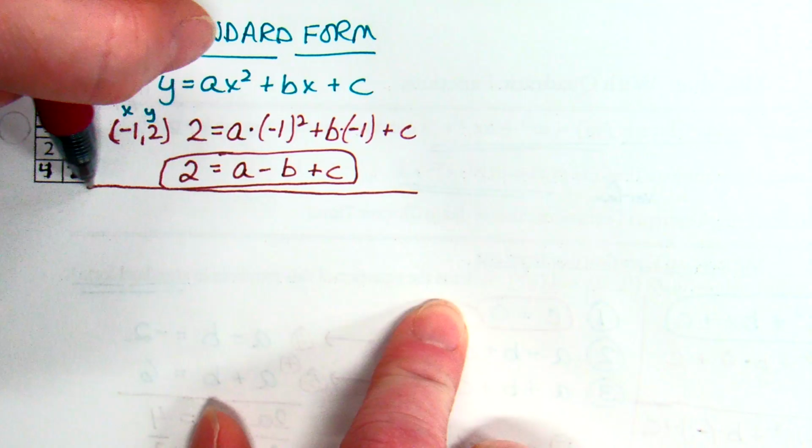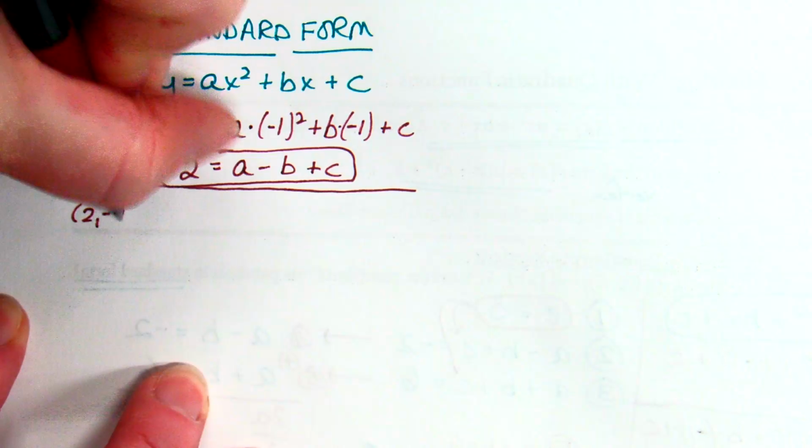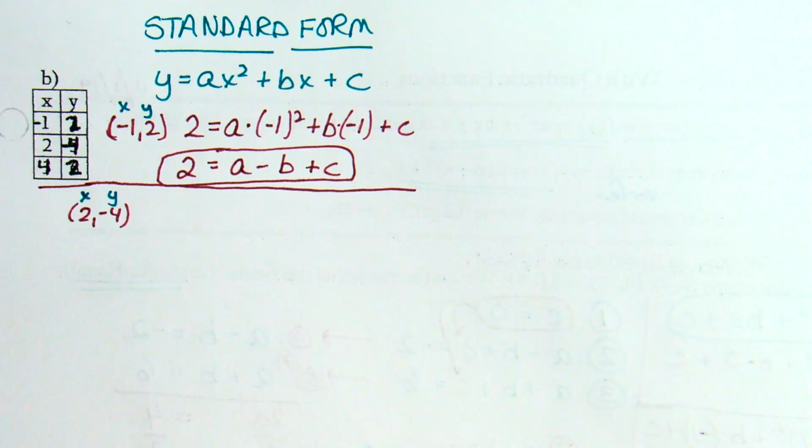Okay. Next ordered pair we're going to use is 2, -4. Remember, 2 and -4 are X and Y. Needless to say, you don't have to write those X, Y's on there every time, but that's my helpful.